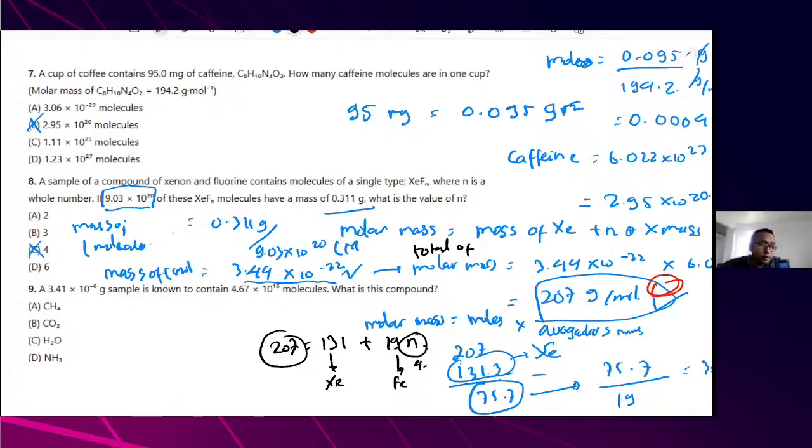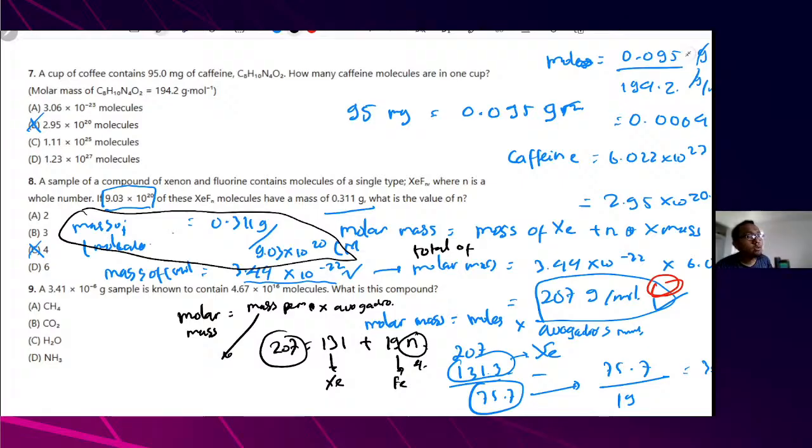All right, that's good. But remember the formula for the total molar mass: it's just mass per molecule times Avogadro's number. So we need to determine the mass of one molecule first, and then use the equation molar mass equals mass per molecule times Avogadro's number.